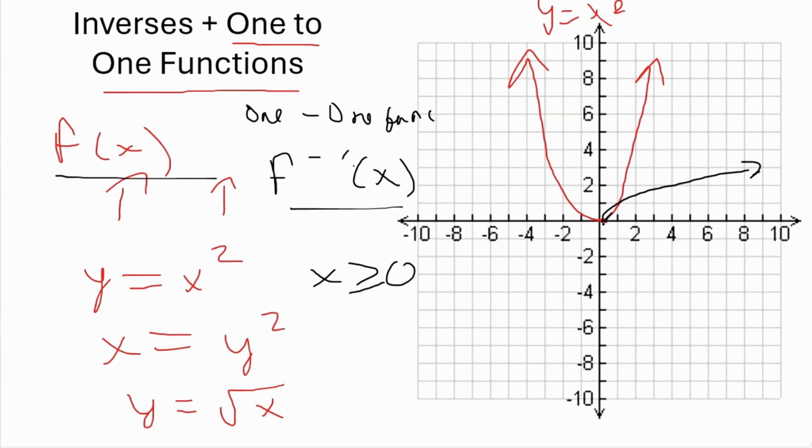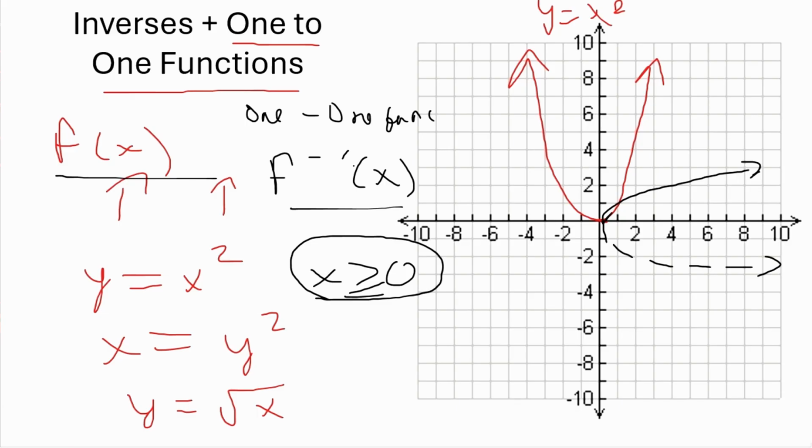Technically, if you graphically inverse it, it should have been a full sideways parabola. So that's the thing we do: we add a restriction to it. That's usually a hint that has to do with the vertex. Whatever your x value of the vertex is, x has to be either greater than that or less than that, and then it's going to be a function.